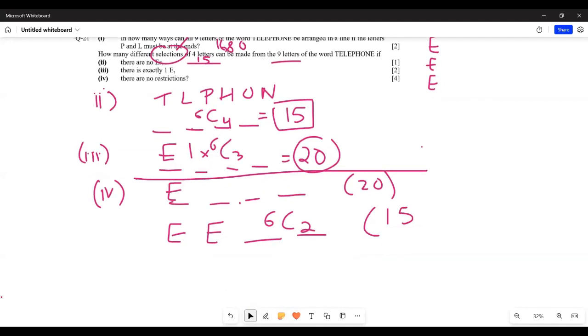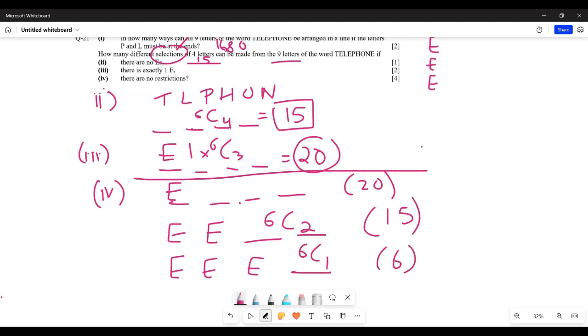Then we can consider the case where all 3 E's are there, and then 1 spot is left for the remaining 6 letters, 6C1, which is just 6. And then the case where no E is selected.